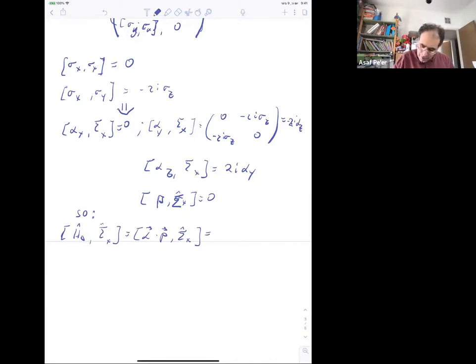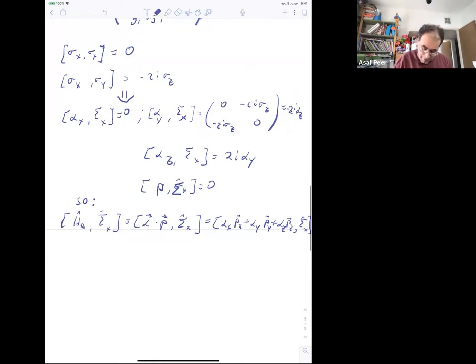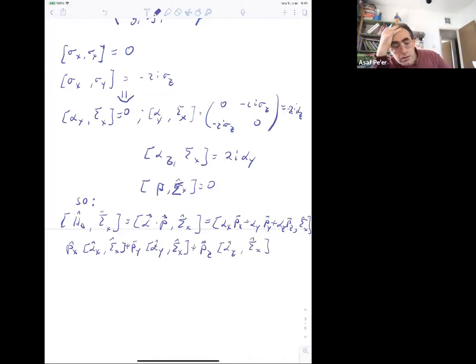So this would be just alpha x px plus alpha y py plus alpha z pz commuting with Sigma x. So I can simply take the p out, so it's px times the commutator of alpha x and Sigma x, plus py times the commutator of alpha y and Sigma x, plus pz times the commutator of alpha z and Sigma x.